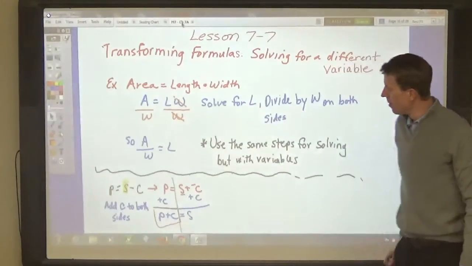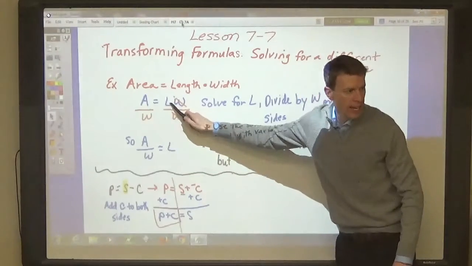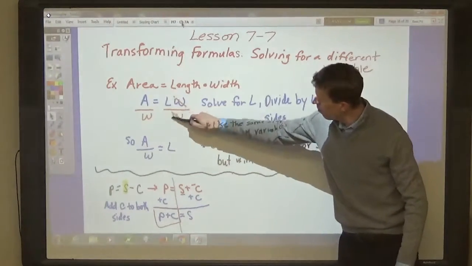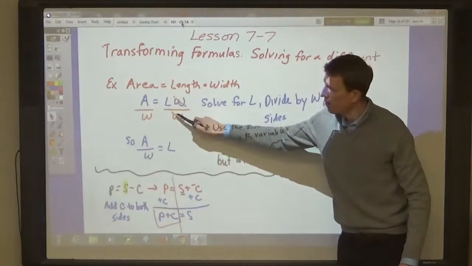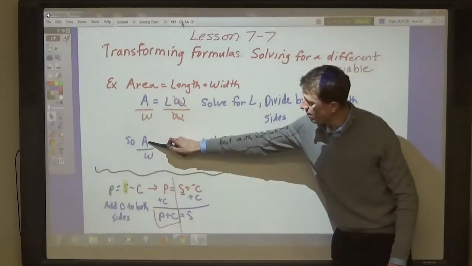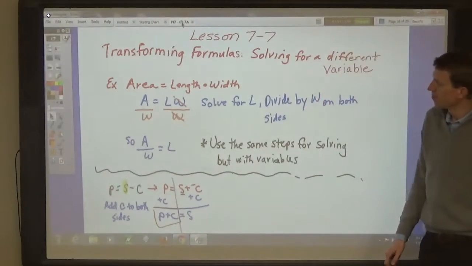And if we have this formula and we want to get the length by itself, if we divide both sides by the width, then we can transform this formula so that the area divided by the width is equal to the length.